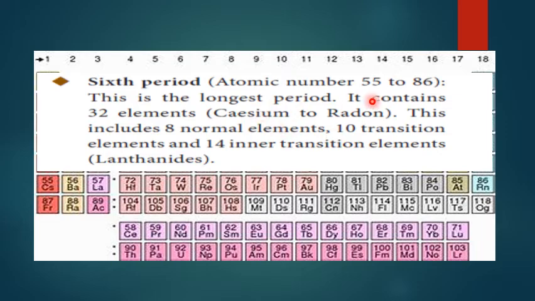The atomic number for cesium is 55 and radon is 86. So the period from cesium to radon is the sixth period. This includes 8 normal elements, 10 transition elements and 14 inner transition elements, that is lanthanides.